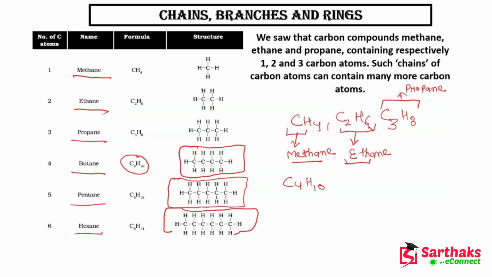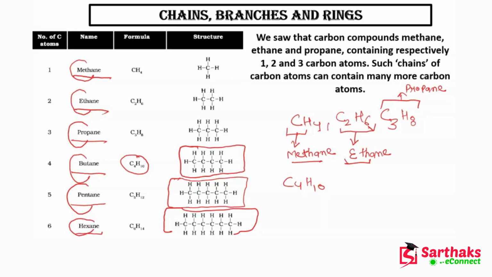Or you can also say for one carbon we use the prefix meth, for two carbons eth, for three carbons prop, for 4 carbons but, for 5 carbons pent, and for 6 carbons hex. I hope these points are clear to you.